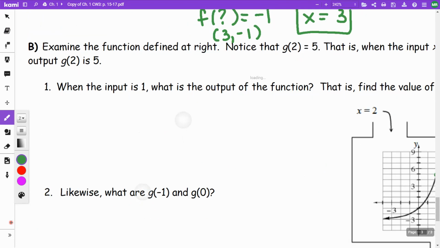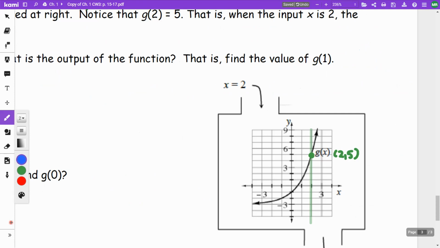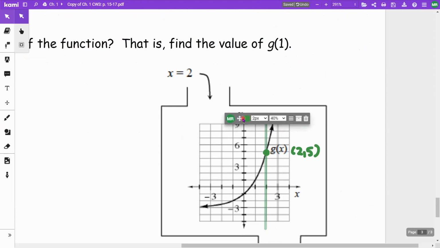Okay. Now they want us to do a different one. They want us to do, if our input is 1, what is the output? So this time I am going to go to my input being a 1.